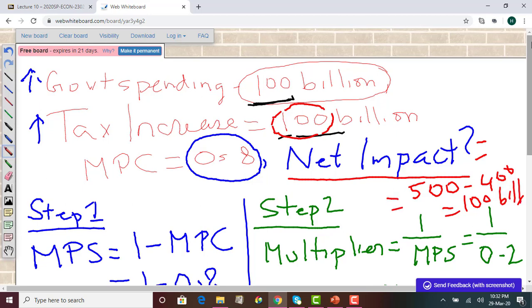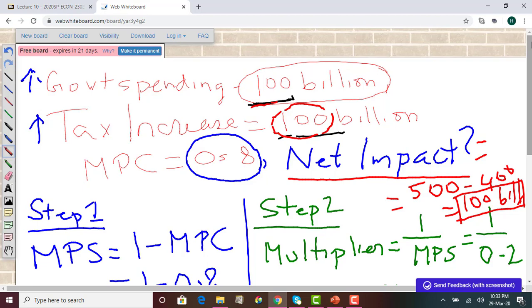So what it's saying is, when government increases spending by $100 billion, financed 100% by increasing taxes, the overall net impact on output will also go up by $100 billion. That's an example of a balanced budget multiplier and what actually happens in the economy.